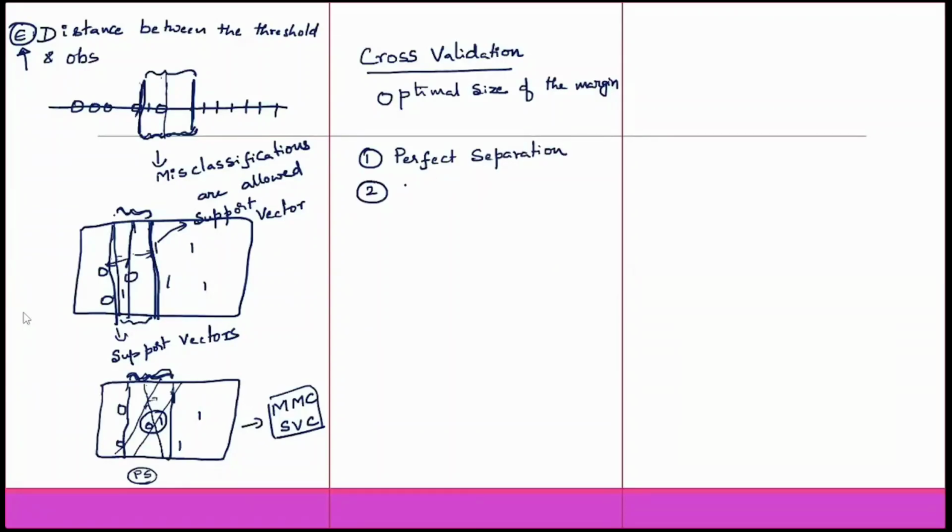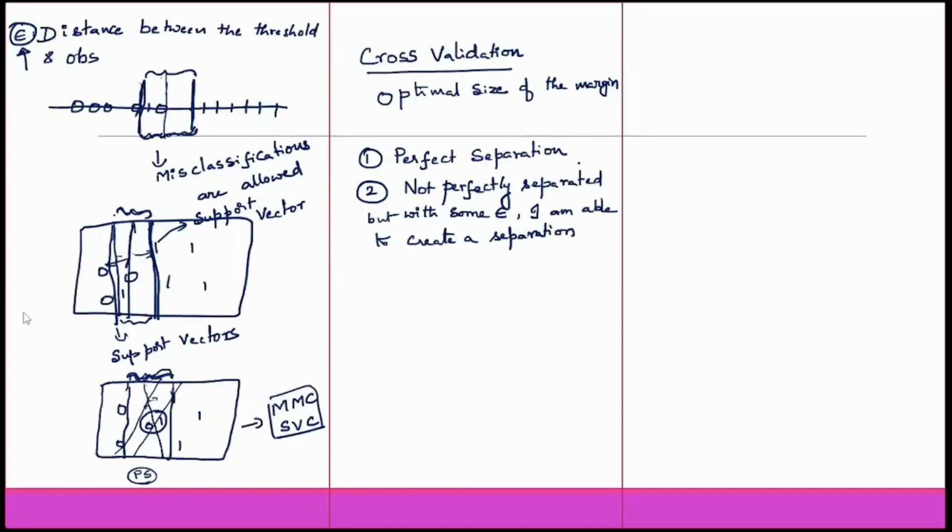In the second case, it is not perfectly separated, but with some epsilon I am able to create a separation, so some misclassification. So the first example is of a maximum margin classifier, whereas this one is an example of a support vector classifier.